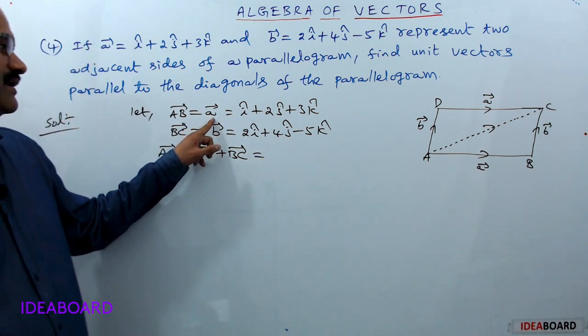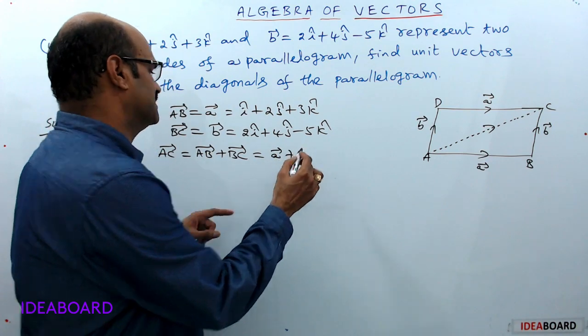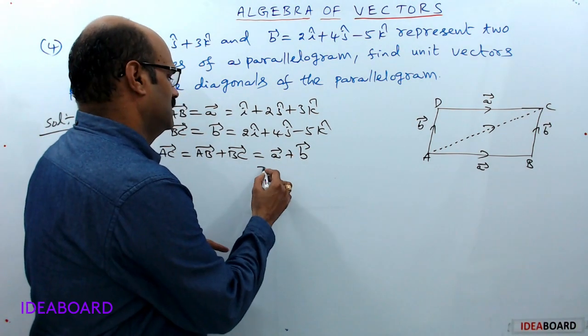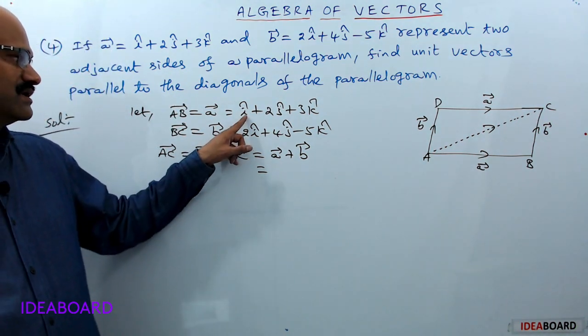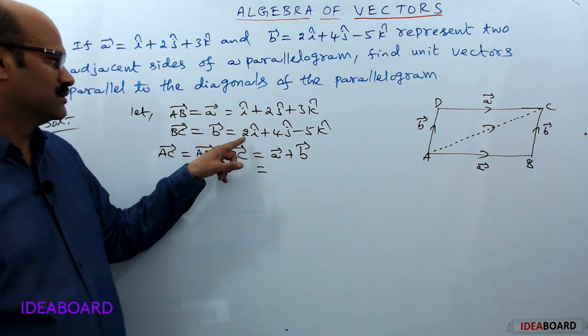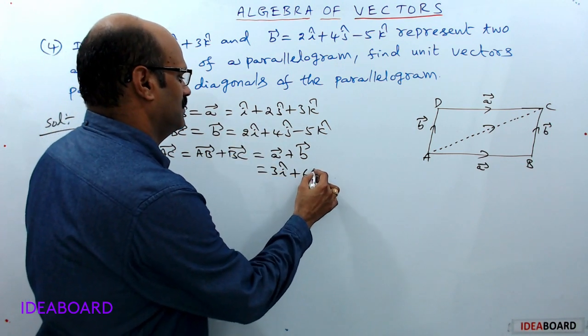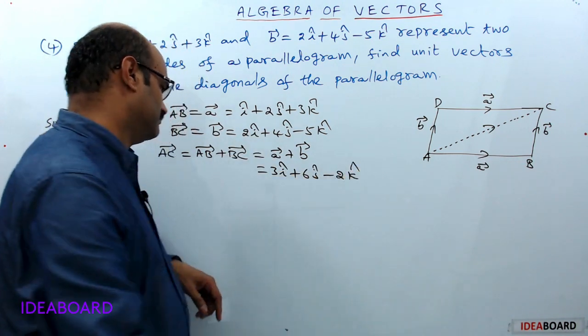AB vector equal to a vector here plus BC vector equal to b vector here. Take the sum of these two, 3i cap plus 6 into j cap minus 2 into k cap.